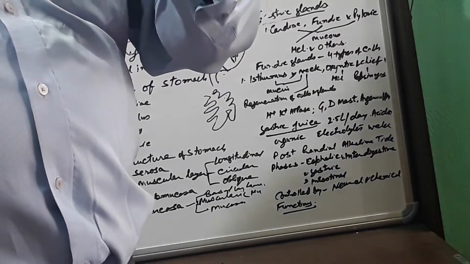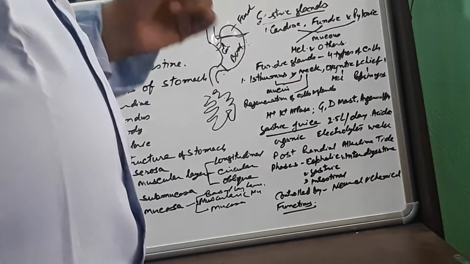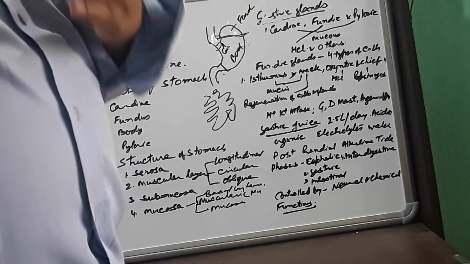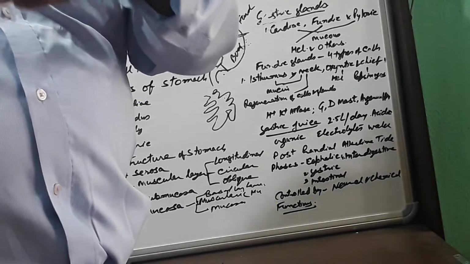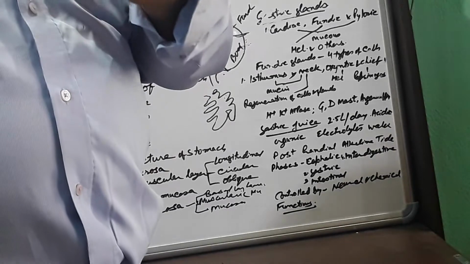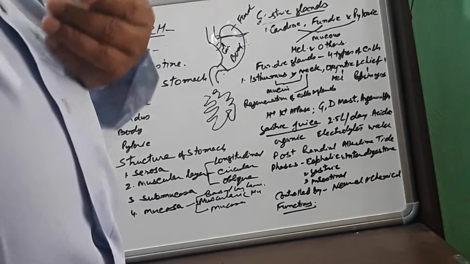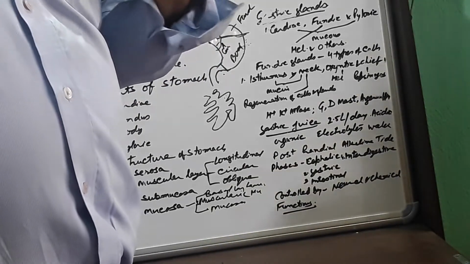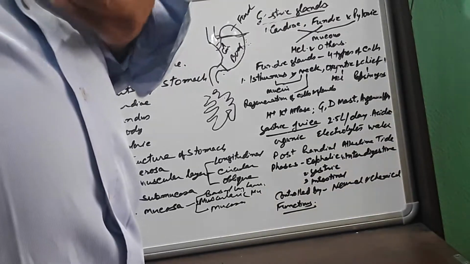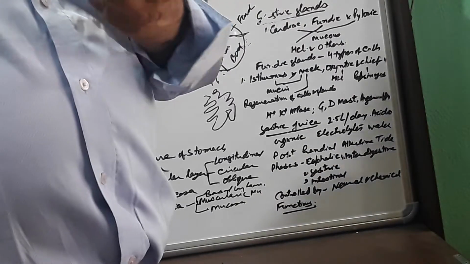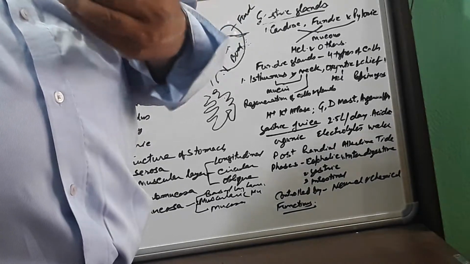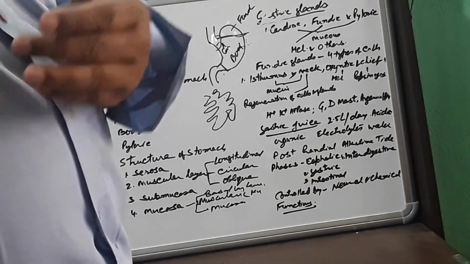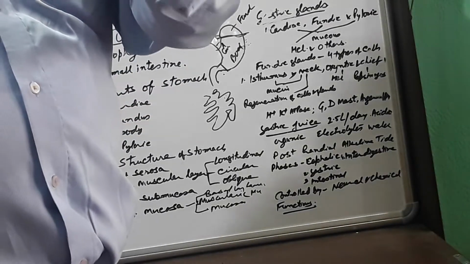The intrinsic factor is excreted, and the extrinsic factor, that is vitamin B12, is absorbed. When the intrinsic factor is absent in gastric juice, for example in gastrectomy, or when the terminal ileum is not present, then there is deficiency of vitamin B12, leading to pernicious anemia.